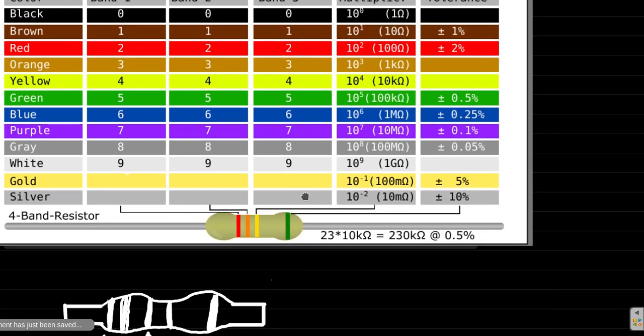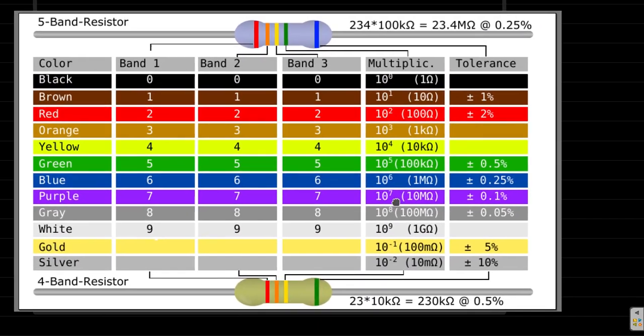Now, it is more expensive to build a resistor where you have plus or minus 0.5% tolerance than a resistor with plus or minus 10% tolerance, alright? Because you have to make the mix of chemicals more accurate.